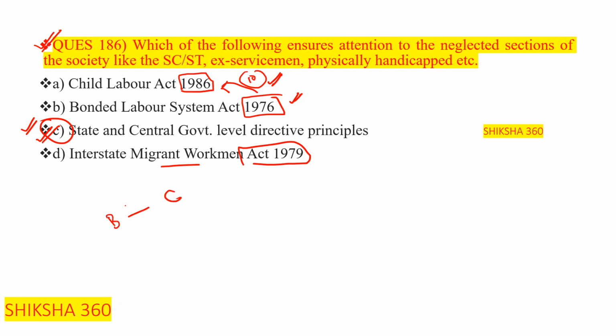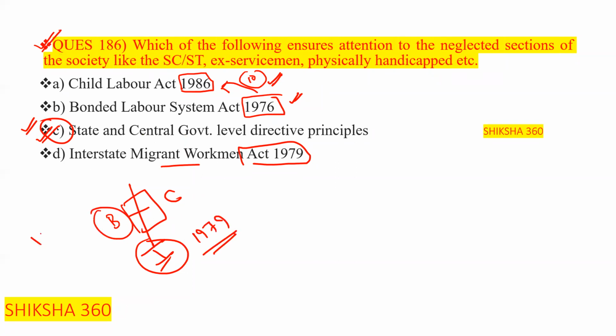And the Interstate Migrant Workmen Act is in between B and C. As we know, there is nothing between B and C, but we know there is I, that is the Interstate Migrant Workmen Act, 1979. In this way you can write: B is bonded, so it is the previous one, 1976. C is the later one, so that is 1986. And I is intermediate between B and C, that is 1979.